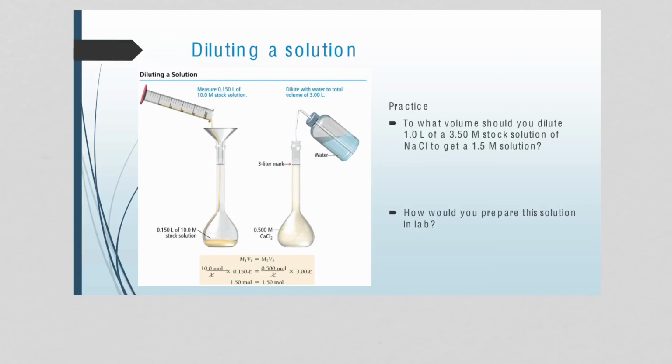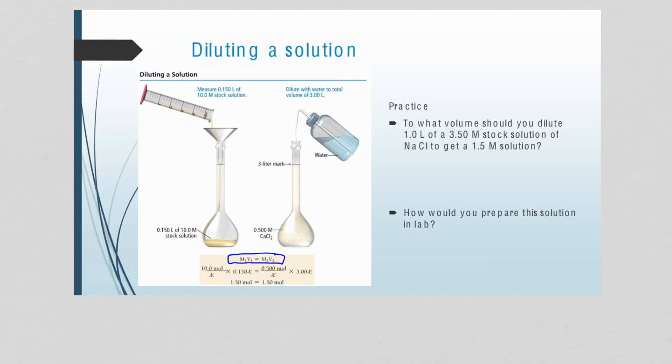And as was mentioned in there, we have a pretty straightforward equation that we can do it. And it's illustrated right here, right? This M1V1 equals M2V2. And as we see here, we're starting out with 0.15 liters of a 10 molar solution.